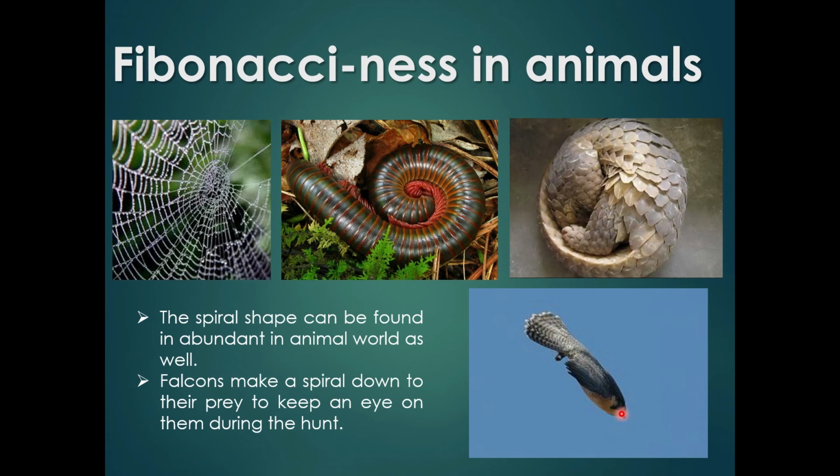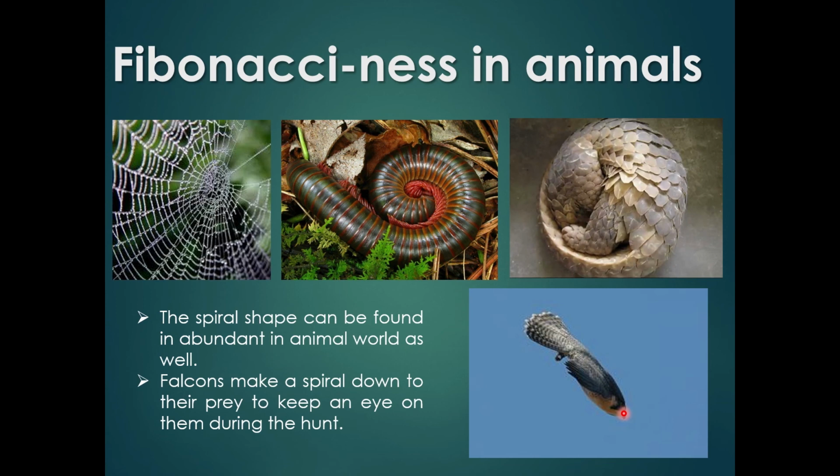The trajectory of the flight, once the falcon notices the prey and starts to attack, is never a straight line. It actually follows a Fibonacci type spiral, because their eye must always be on that prey. If it's a straight line, they cannot see the prey. When they attack, they have to blindly attack that initial point.